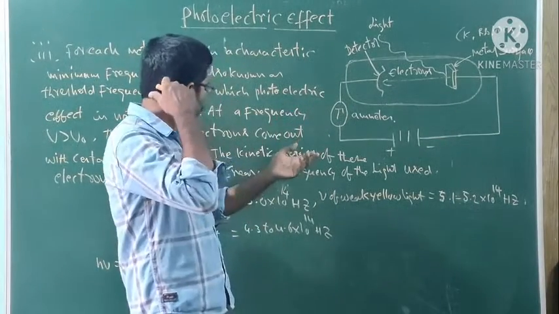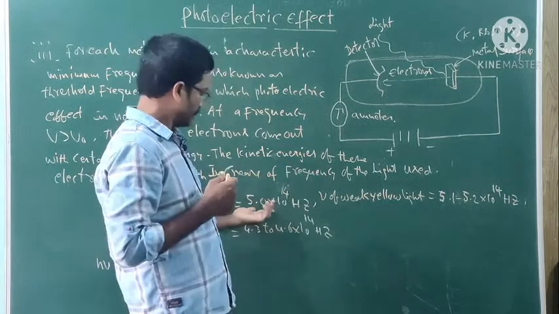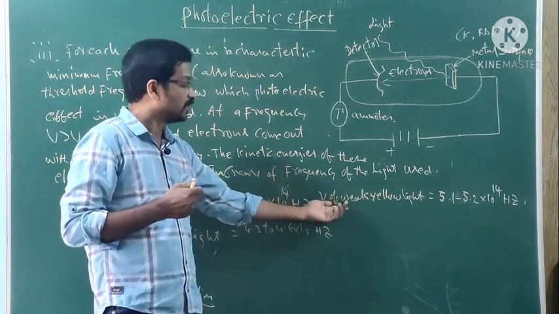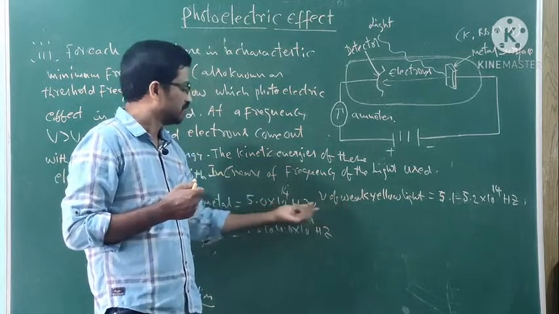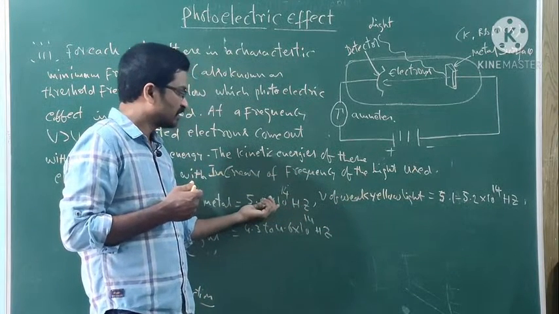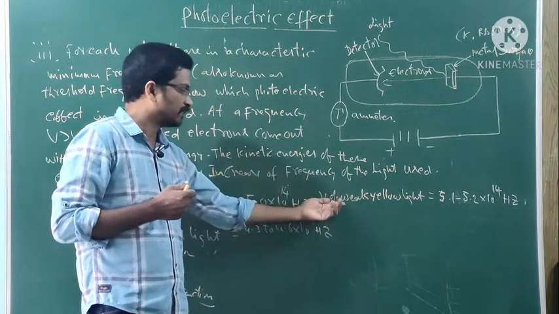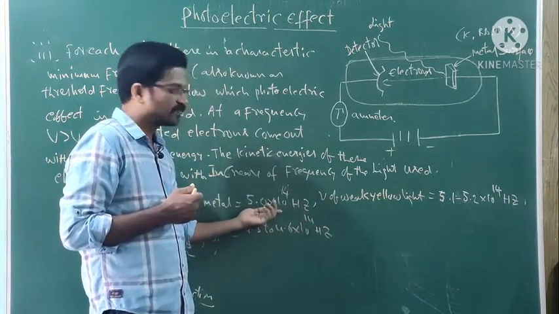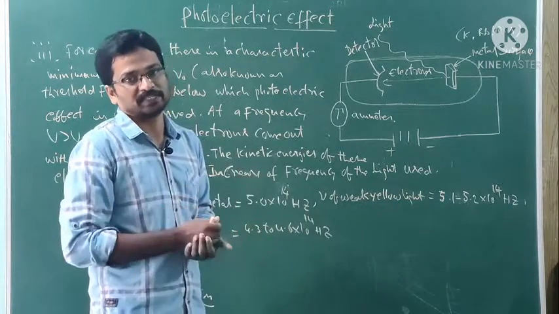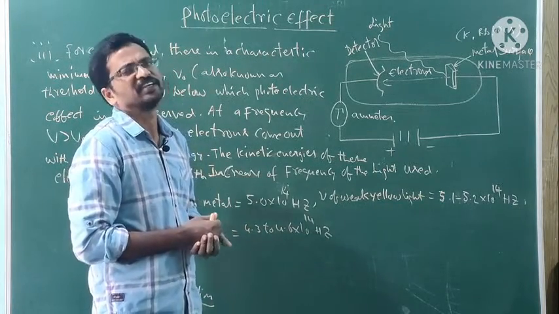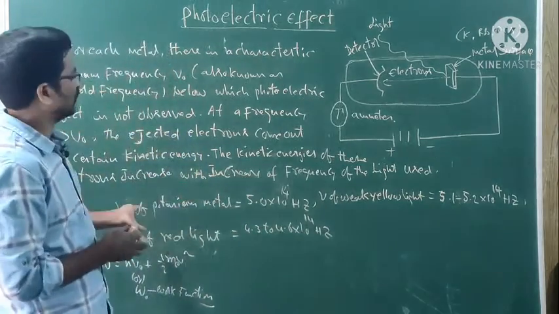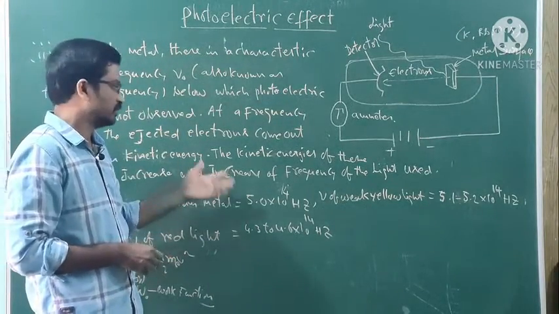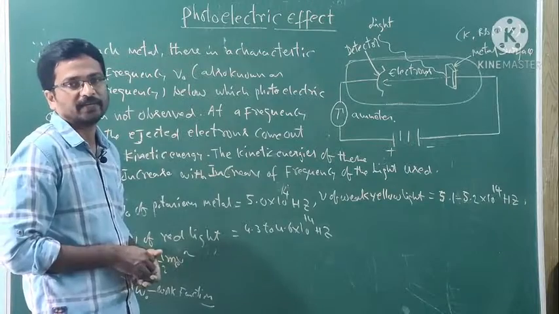If the frequency of light is less than the threshold, then ejection of electrons does not take place. This is the idea they have given. From these three points you can understand the photoelectric effect very easily.